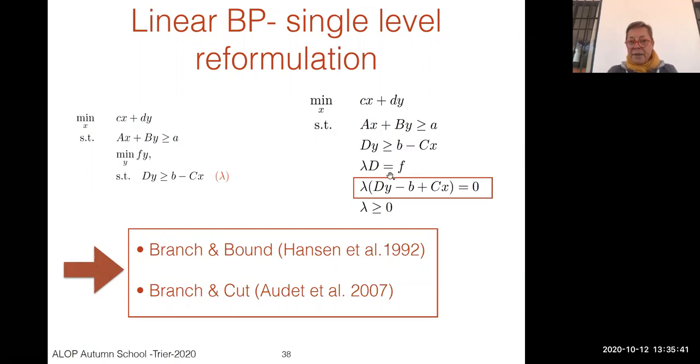So lambda d equal to f, these are the constraints of the dual of this LP here.